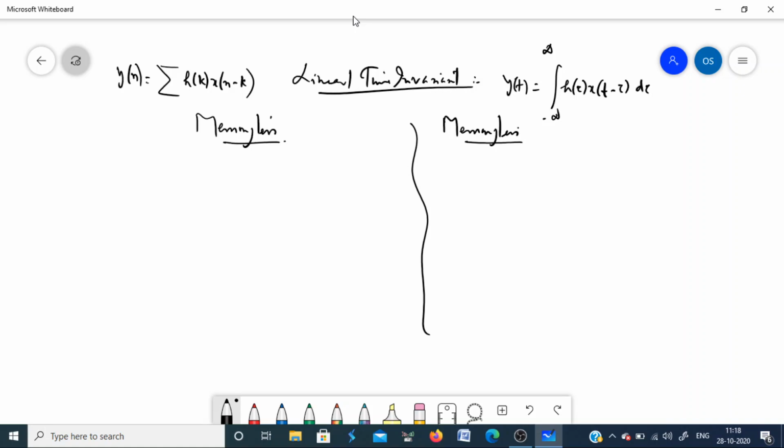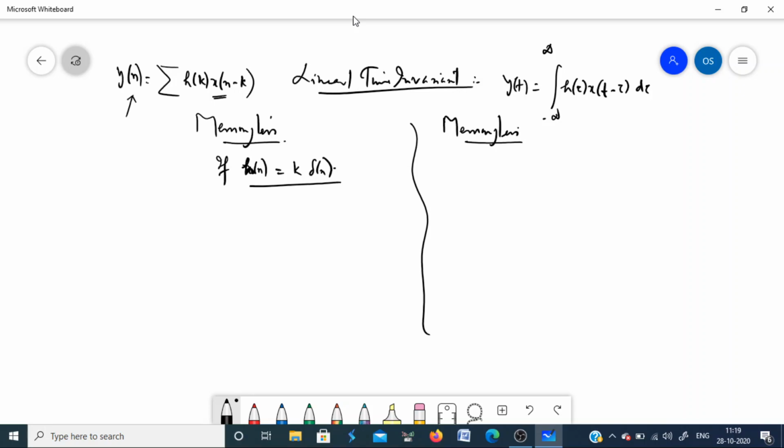Okay, so for a memoryless system, the output of the system should depend upon that time only. It means y[n] should depend upon x[n], and that will happen only if, sorry, not input, this h[n].